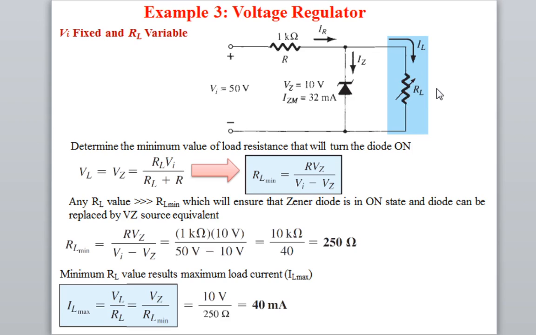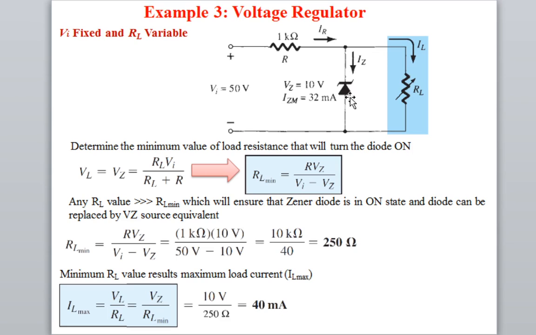So in order to solve such a problem, where load resistance is variable and input voltage is fixed, what do we have to analyze? We have to first assume that this diode is in conducting stage.